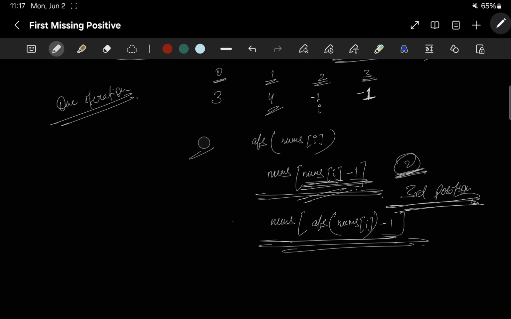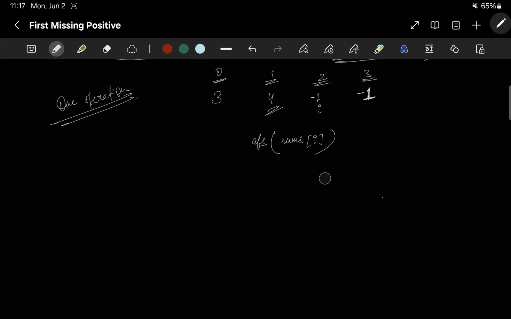So basically what we do is nums of absolute value of nums I minus 1. We'll convert this to negative or positive, right? So I think I was right earlier.